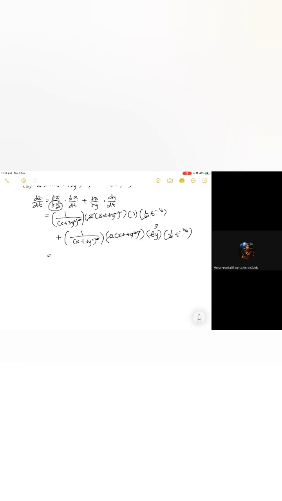So ditulislah cantik sikit, you akan dapat 1 over square root t kan, x plus 3y squared plus 3y over t to the 3 over 4 x plus 3y squared. Okay, so you may leave your answer here, or you may try to find the answer to be 1 over t only, as in the answer sheet.